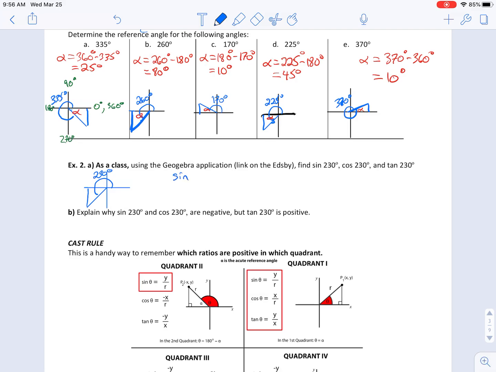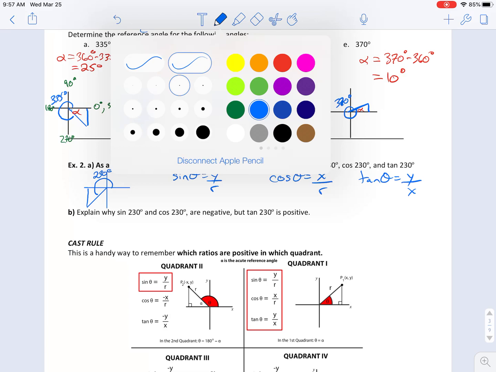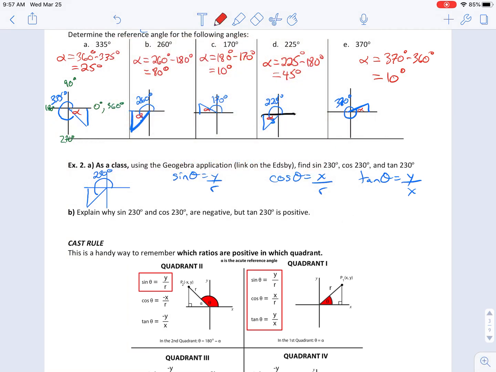And remember that sine is y over r. Cosine is x over r. And tan is y over x. When you look at this, because we're in this quadrant, quadrant 3, this is going to be a negative y value and a negative x value. But r, the radius, will always be positive because radius is something that's being squared when we think of Pythagorean theorem.